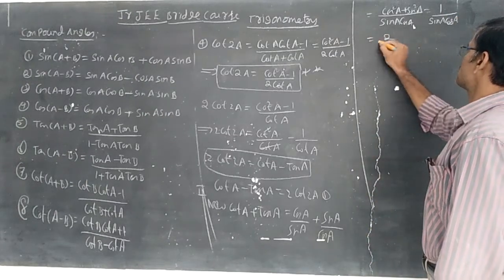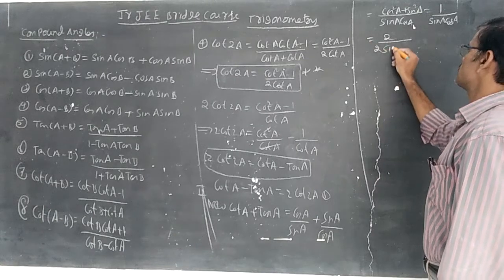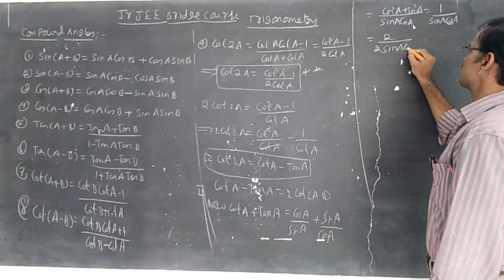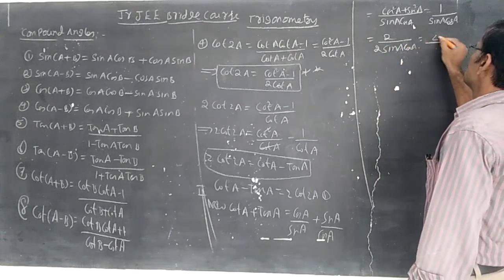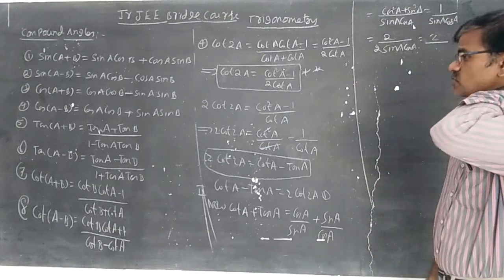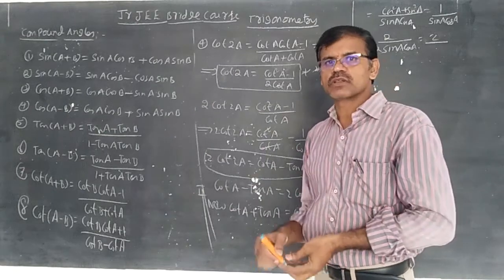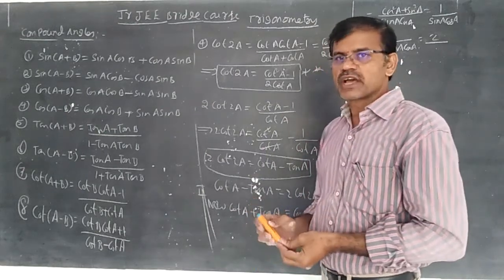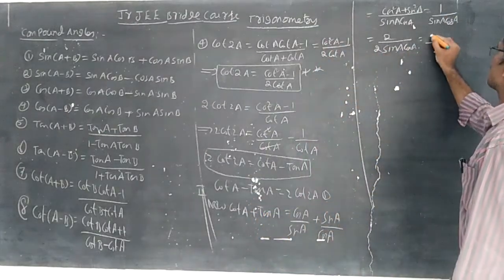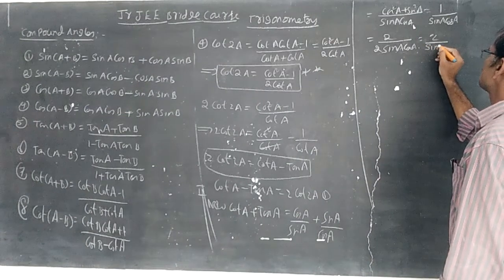Multiply and divide by 2, so you can write 2 by 2 sin a cos a. In the first Roman we discussed the multiple angle formula 2 sin a cos a as sin 2a.